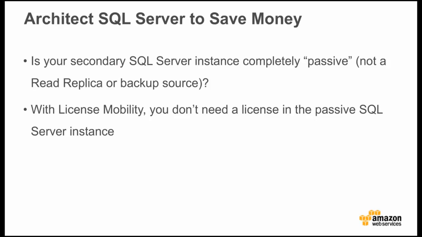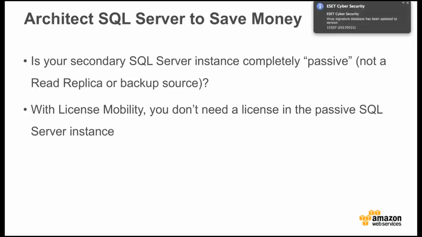Now here's also some good news. If your secondary instance is truly passive, and if you have Microsoft Software Assurance and BYOL, bring your own license, you can cut your SQL Server licensing costs in half. License mobility is a benefit of Microsoft Software Assurance.